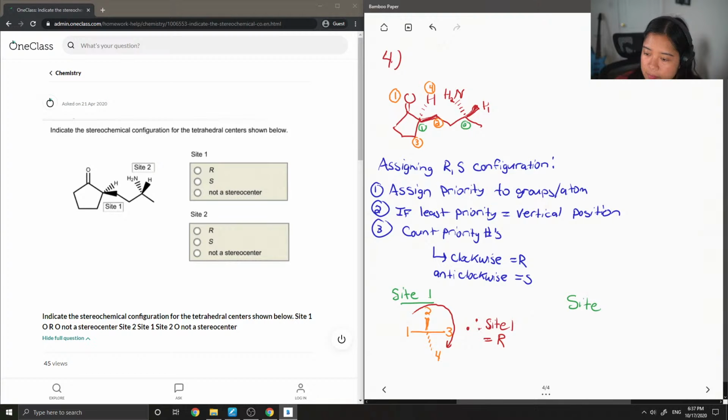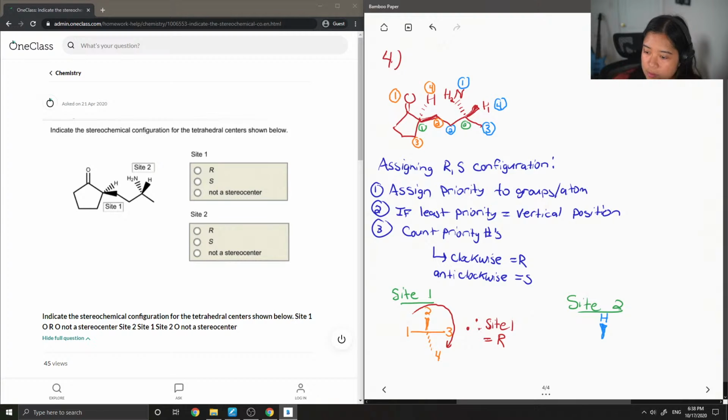Okay, so we're going to do the same thing for site 2. I'll use a different color. And then we're just going to number the priorities. So in this case, nitrogen is the first priority. This larger carbon group is 2. And this little methyl group is 3. And again, the hydrogen has the lowest priority. So since the hydrogen is sticking up like that, I'm going to draw it up here instead.